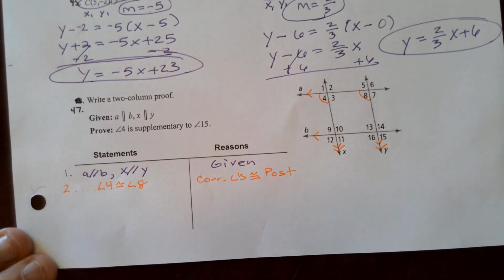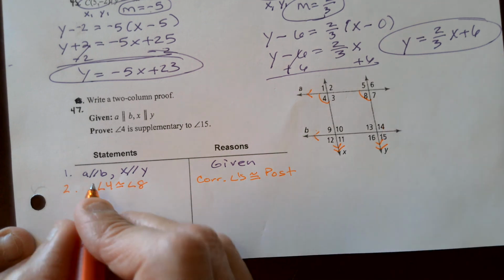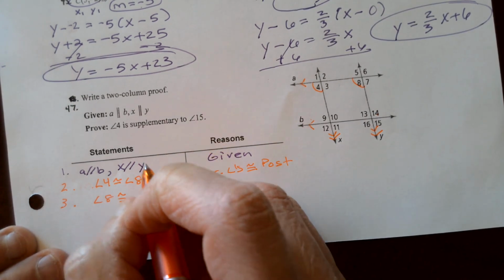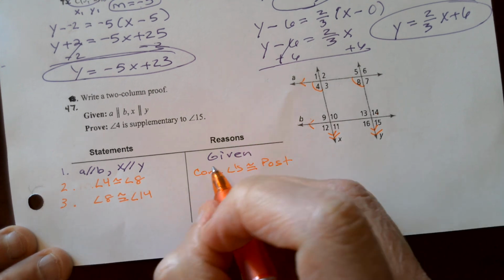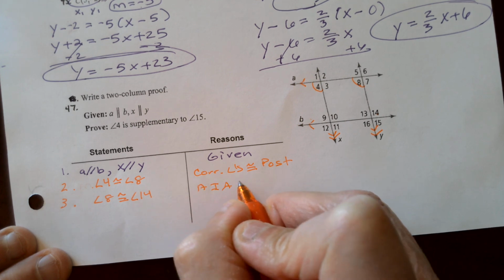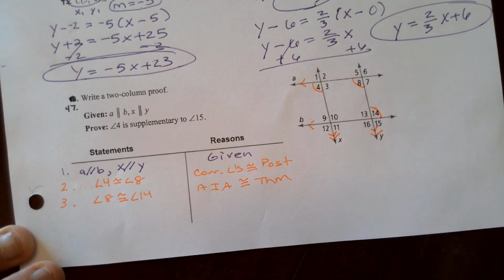And then I'm going to say that 8 is congruent to 14. Alternate interior angles congruent. So I'm here now.